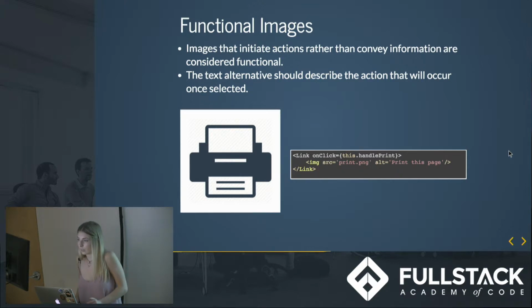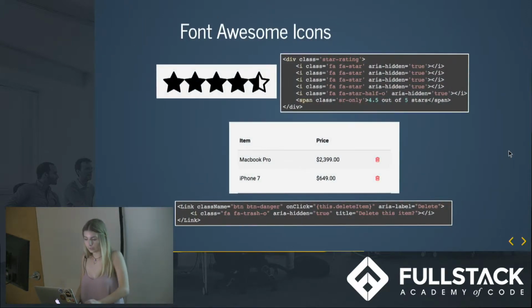So if you had a link that prints a page, it's an image, just write print this page. But I never find myself using images in links and buttons. I always use Font Awesome icons, and you can make these accessible as well.